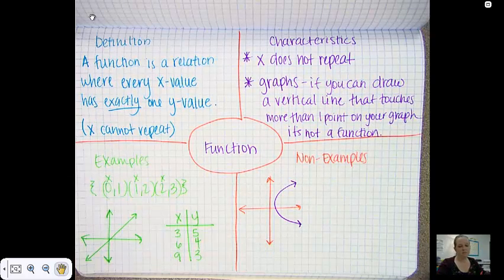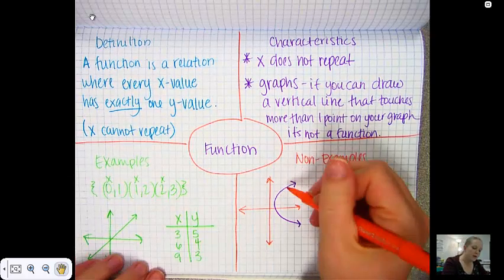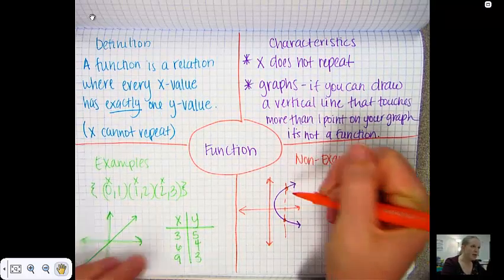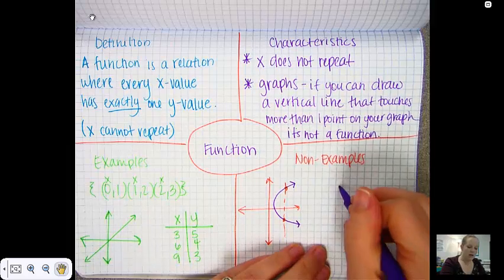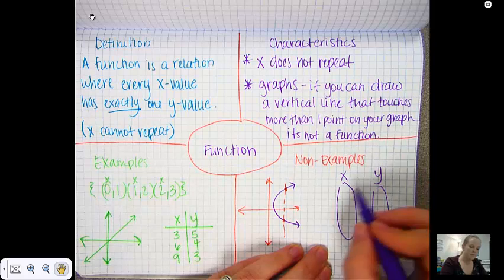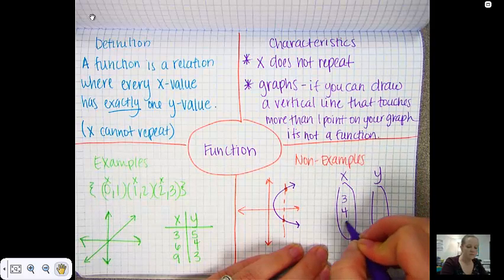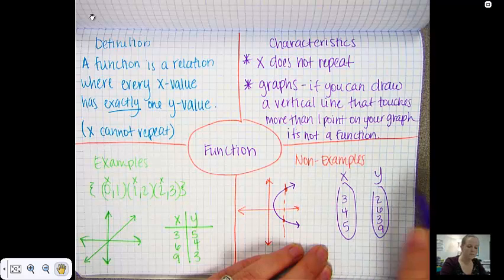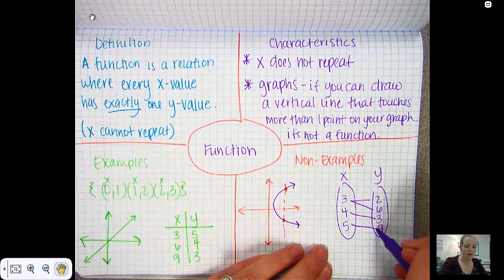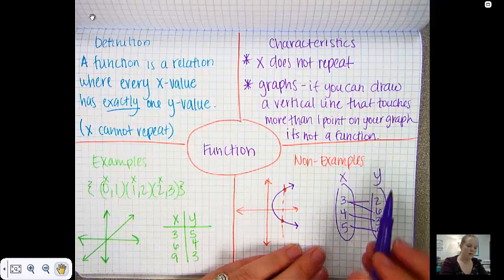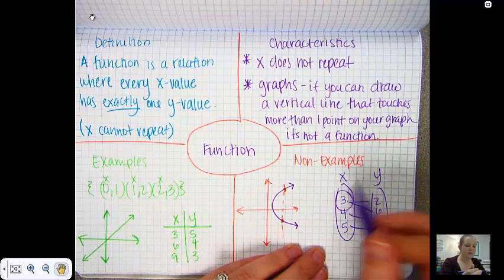Is this a function? The answer is no, because my graph does not pass the vertical line test. And then what if I look at this map right here? Because I have the point 3, 6, and 3, 2, this x is repeating, and therefore it is not a function.